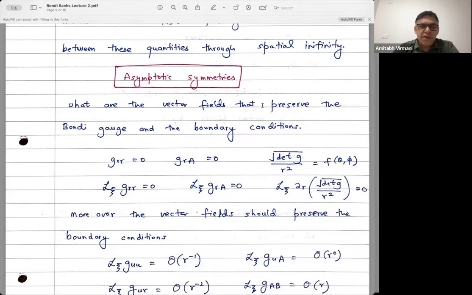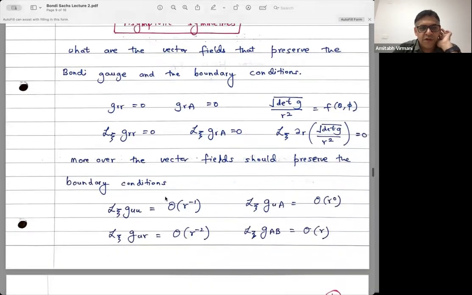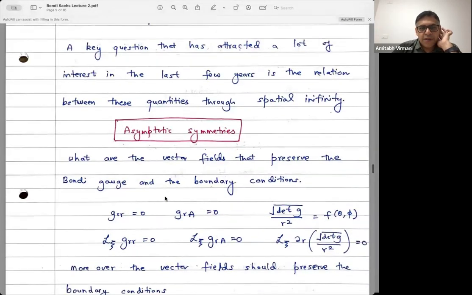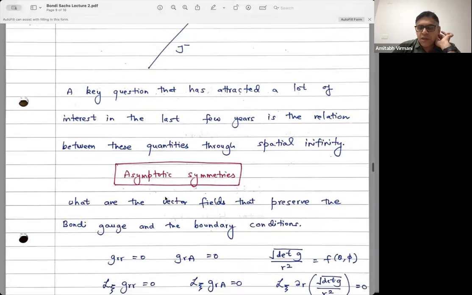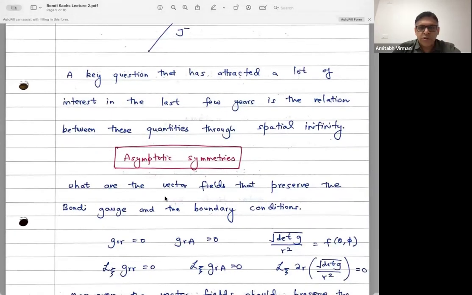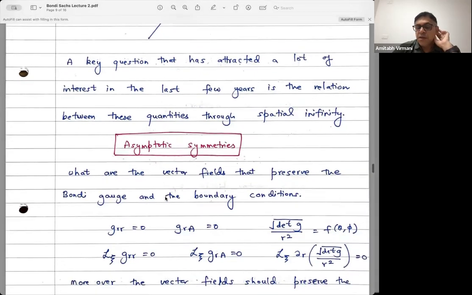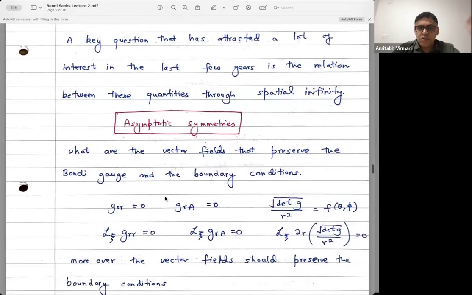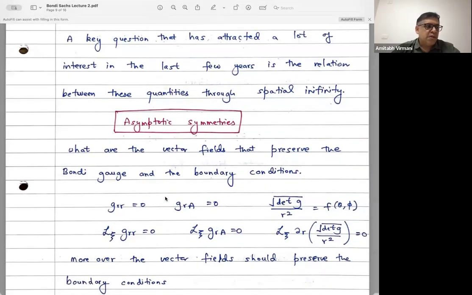What physical quantity does the super translation charge correspond to? This is a difficult question. Okay, for translations, it corresponds to the momentum. So translation charges are momentum, and we understand what the physical interpretation is. Now, for the more general super translations, the physics understanding is not so obvious.